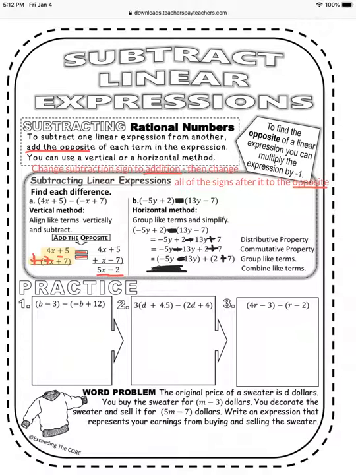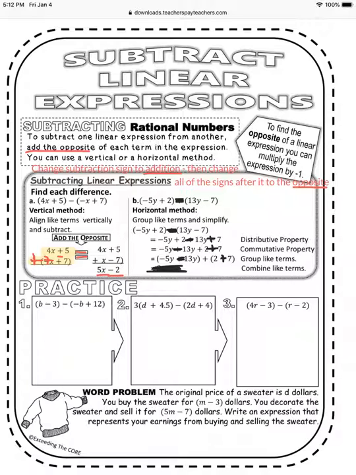Okay, if we look at problem B, they're talking about difference, but then they put an addition sign in between. So I'm fixing that and turning it into a minus sign. Now we're going to do the horizontal method. I don't do all of the stuff down here that they do. I usually do it with a highlighter or I circle like terms.